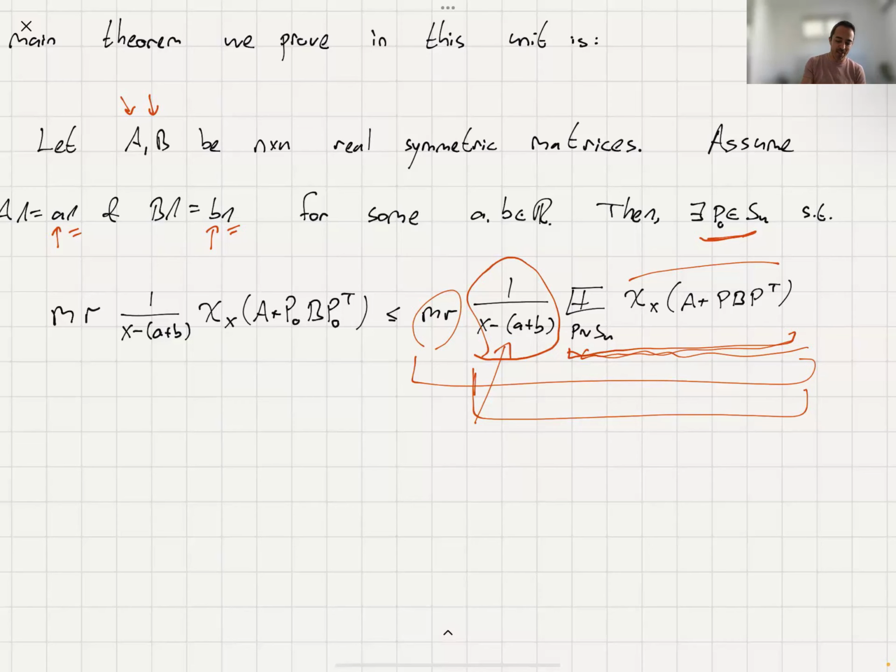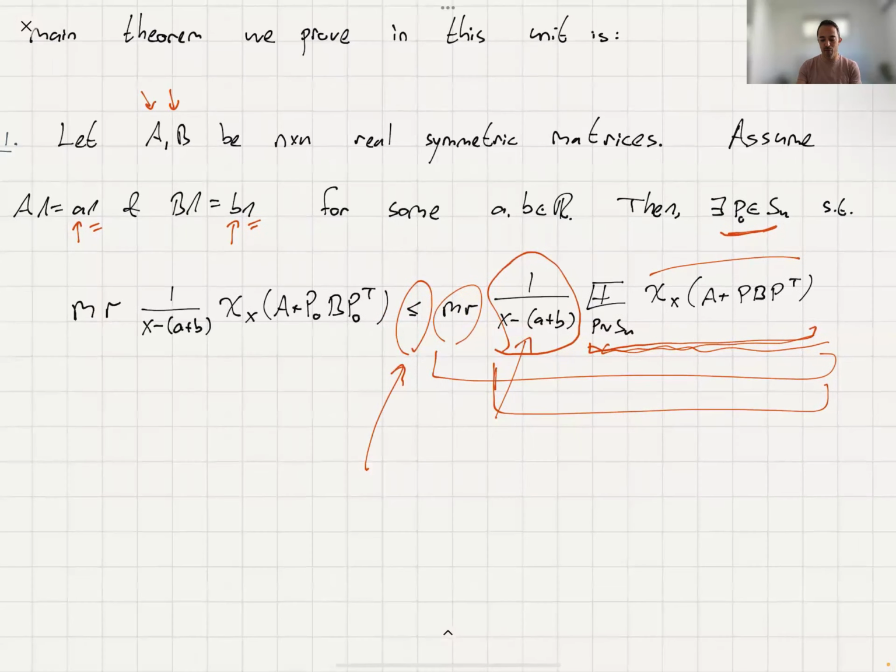What this unit tells us, what interlacing will enable us to do, is to prove the following. Say we know how to bound this.